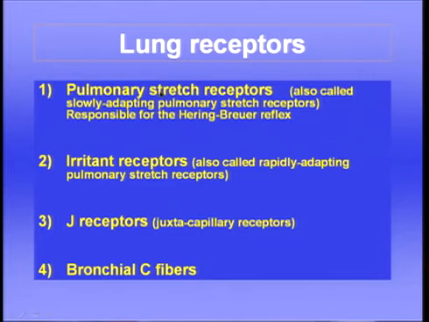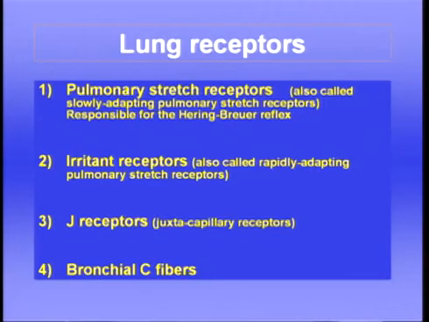I personally happen to prefer stretch receptor, but a lot of people call them slowly adapting, and that means that if you change the signal on the receptor, if you change for example the volume of the lung, the receptor will maintain responding at that increased level. That's a slowly adapting one, whereas a rapidly adapting receptor will initially increase its output and then it'll return towards normal.